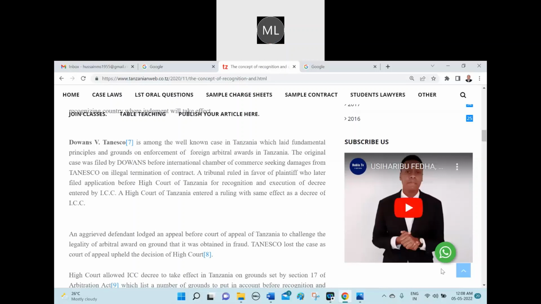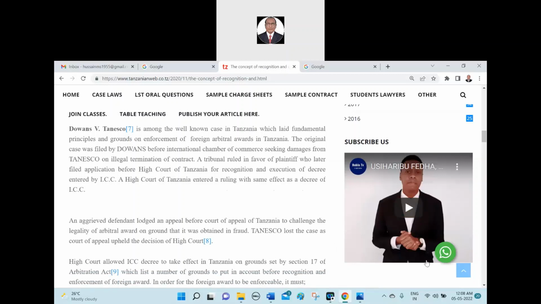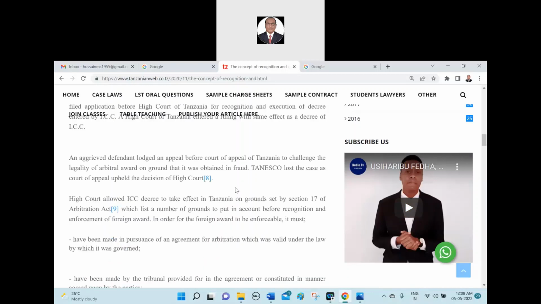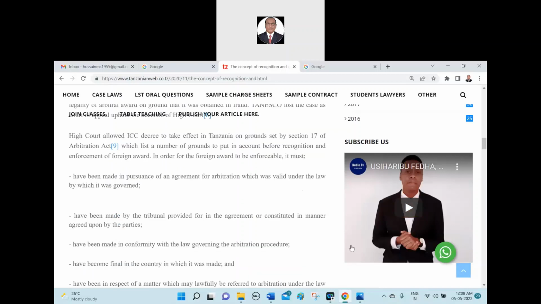You need not remember the figure. The damages of 9,000 USD are paid by Tanesco to Richmond. This we already read. The High Court gave its decision, the ICC was challenged, and so forth. So the award was made in pursuance of the agreement, because it was a condition they agreed to, valid under the law by which it is governed.